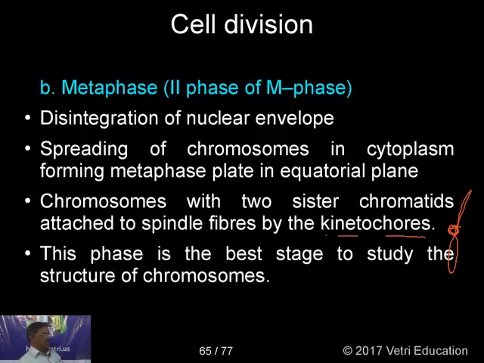This phase is the best stage to study the structure of chromosomes. You will get a question on this metaphase: what is the phase where you can see the clear structure of the chromosomes, and also count the number of chromosomes only in this phase? That is metaphase.